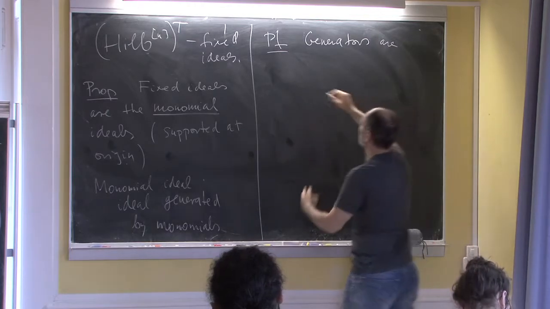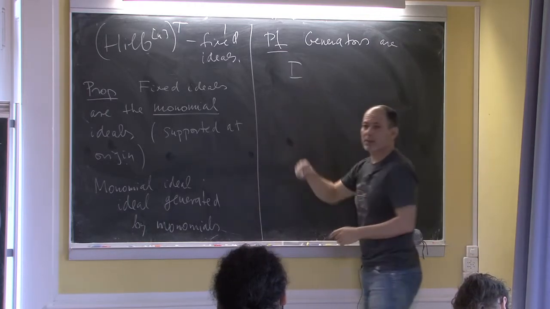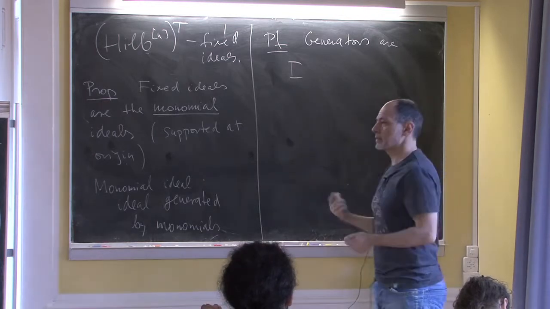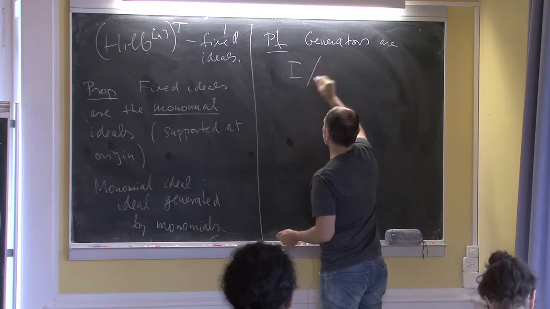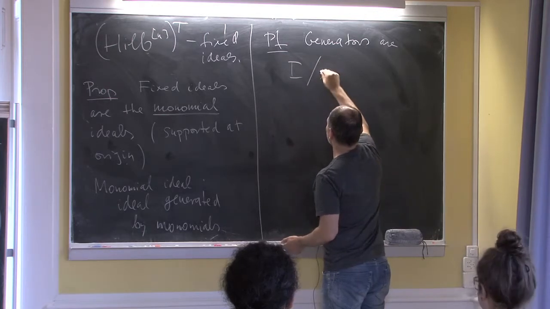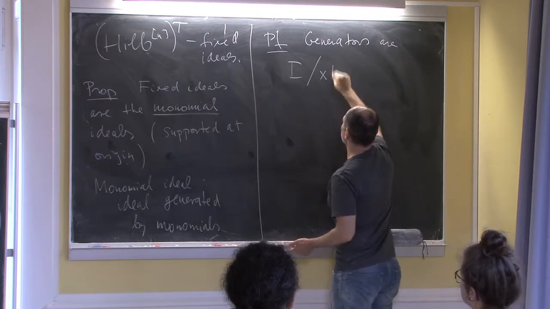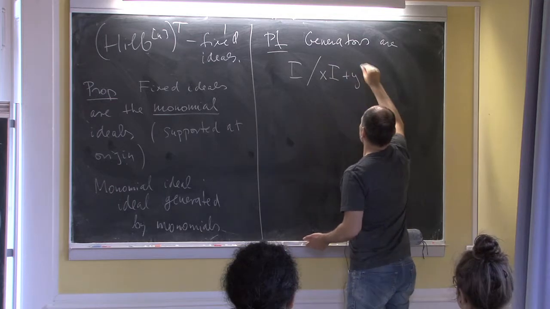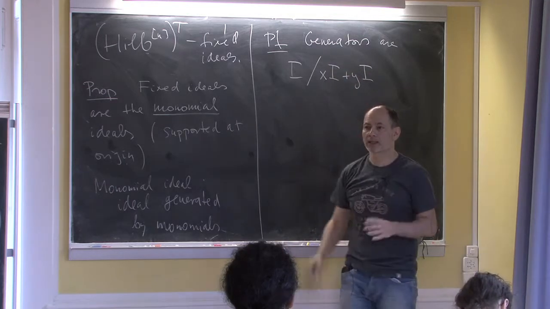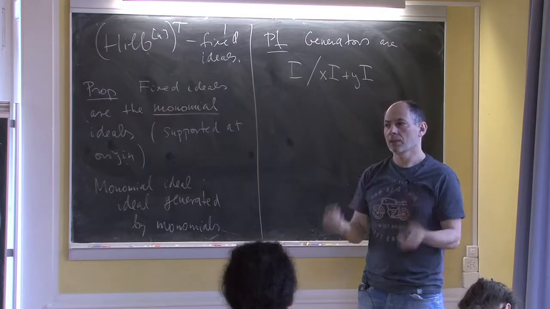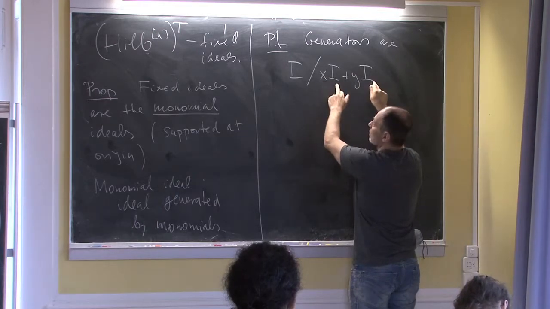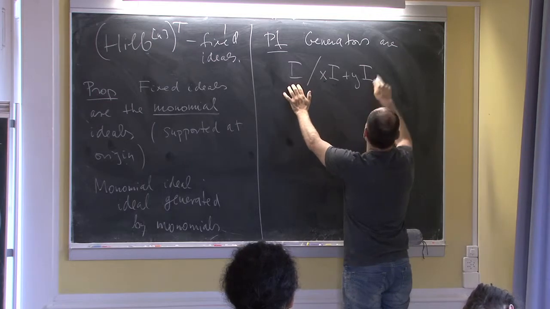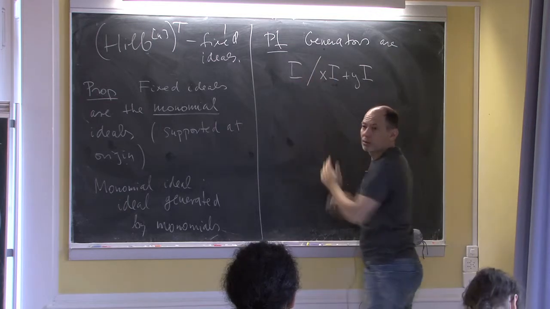So what we do, we take the ideal and then we take all the elements that are generated already by some other elements. So what are they? Obviously if I have some other element and I multiply it by x, then it's generated. Or I can also look at the ideal and multiply by y. These are the elements that are already generated by some other elements of I. And this is the whole of I. And this quotient is exactly the generators.